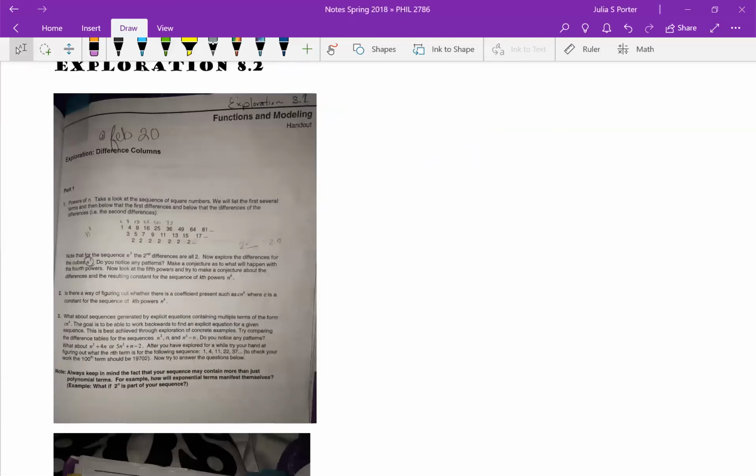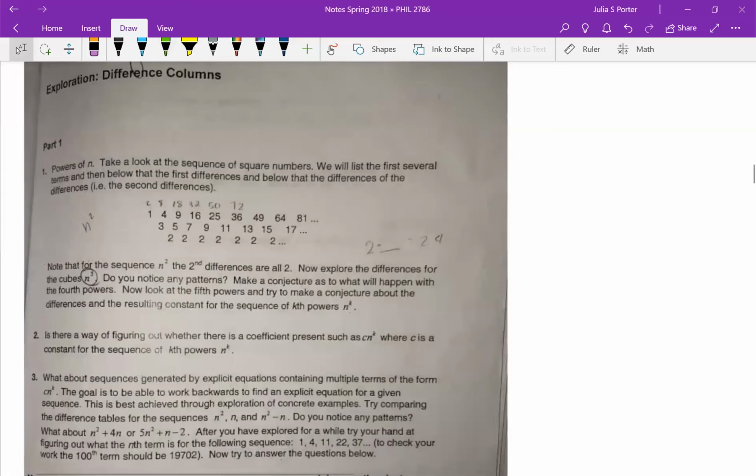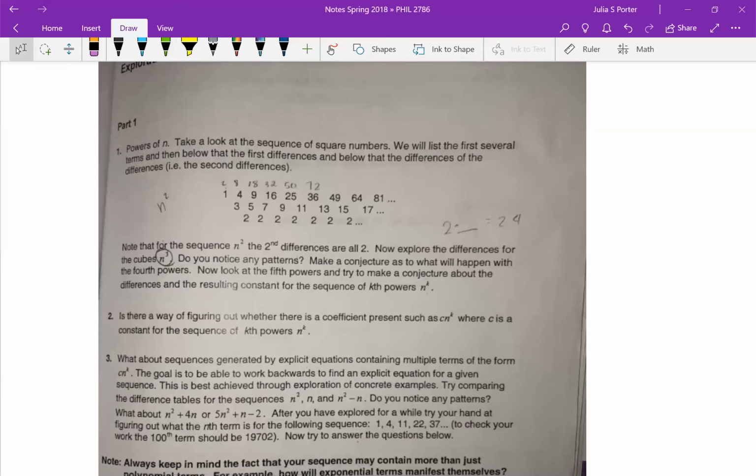Okay, so our next one is exploration 8.2. In this one, we are looking at quadratics, and we are trying to find the relationship between the leading coefficient and the power of a polynomial and its constant difference.